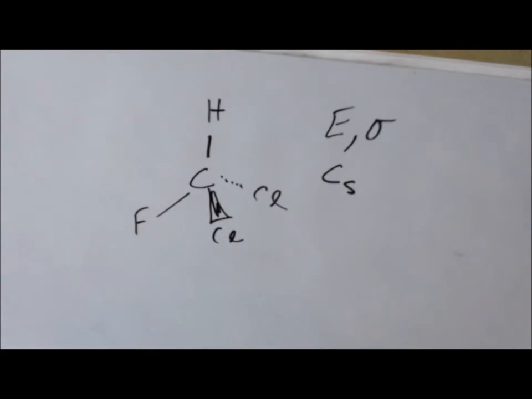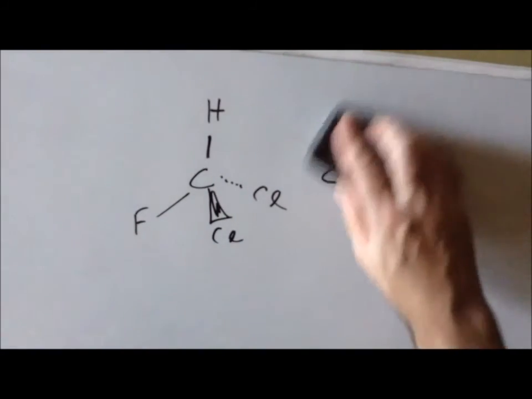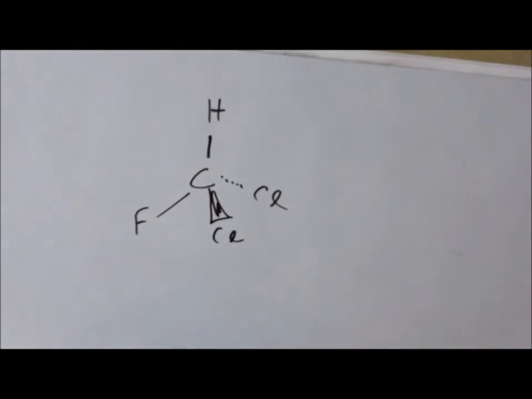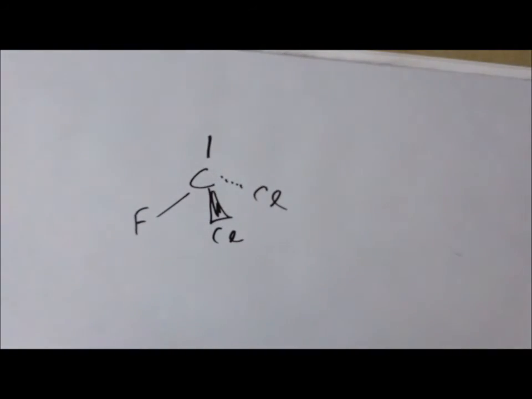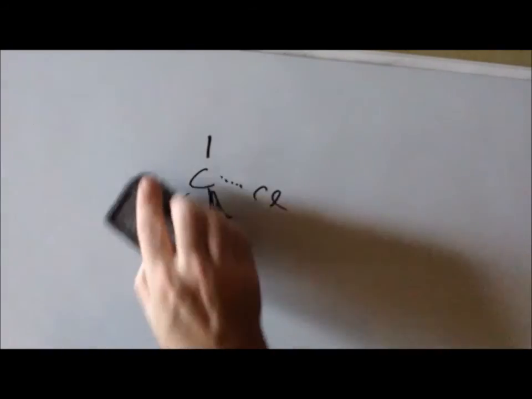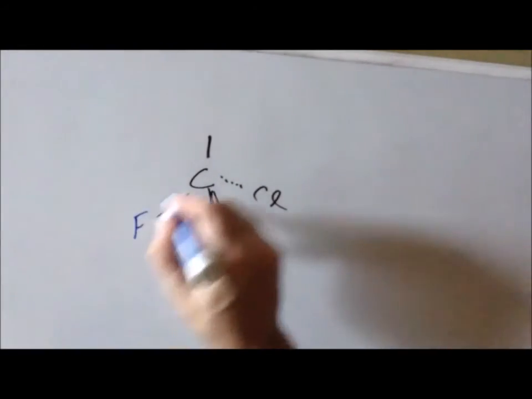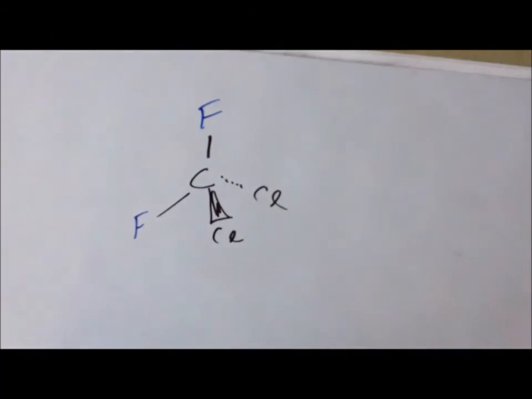Now let's take this particular molecule itself and make one more small change and see if that's going to change anything. Let's substitute the hydrogen for another fluorine atom. Let me just color code this a little bit. So we have fluorine here and a fluorine there. We'd like to see what symmetry elements are present in this molecule.